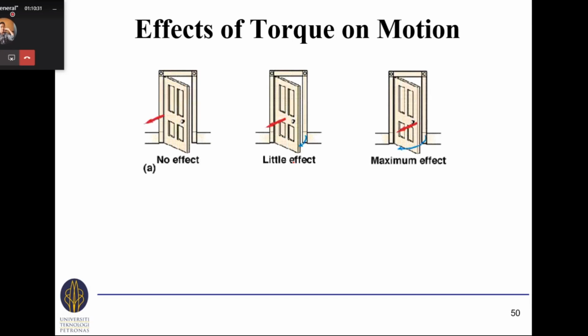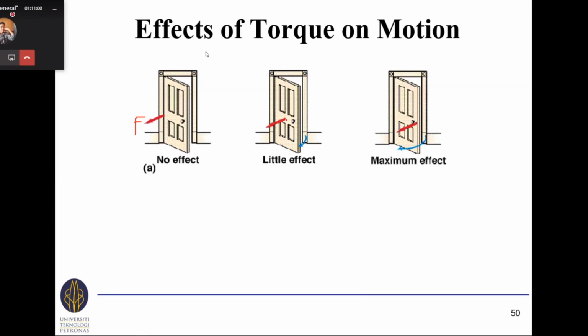So, for the torque motion and effect, it is just like I said, referring to the opening of a door. There is a reason why the doorknob is at the far end, not near the hinge or in the middle. If the force is exerted right on the hinge, you will never rotate the door.